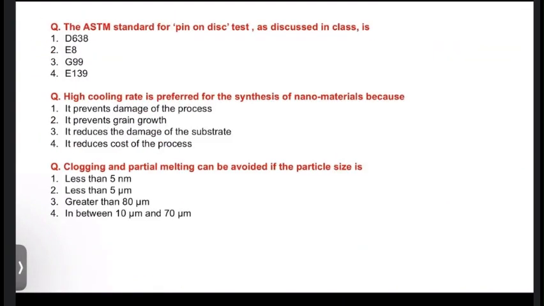Next question. The ASTM standard for pin on disk test as discussed in the class is... So this is a standard machine. Pin on disk test is a standard test, so we have a standard name for it. What is it called in the ASTM standard?